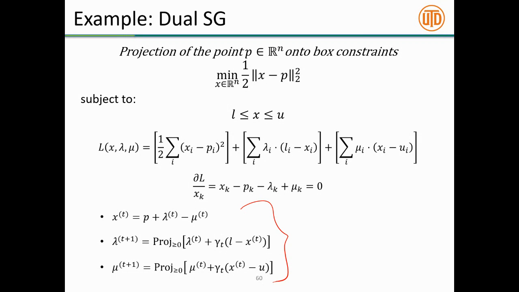So it's a simple update, and you have to project that onto the set of all lambdas greater than or equal to 0. The reason is that lambda and mu are Lagrange multipliers for inequality constraints, so they have to be greater than or equal to 0. If you end up with any value for lambda or mu that's less than 0, you just fix it to 0. That's what the projection does.